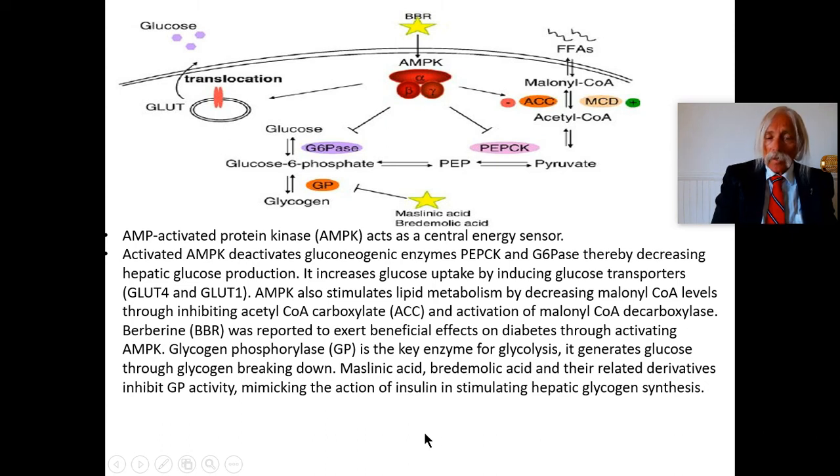It generates glucose through glycogen breakdown. Maslinic acid, corosolic acid, and the related derivatives inhibit that phosphorylase enzyme, mimicking the action of insulin by stimulating hepatic glycogen synthesis. Okay? So you get an idea what's going on here. You're not allowing for more glucose to get into the serum. So AMP kinase is a really important bioregulator of this whole system.